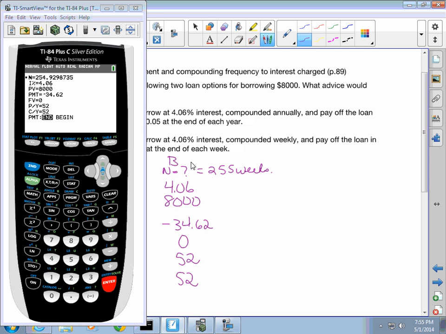So 255 weeks, then we want to see what that is in years. So 255 divided by 52 weeks in a year is 4.9 years.